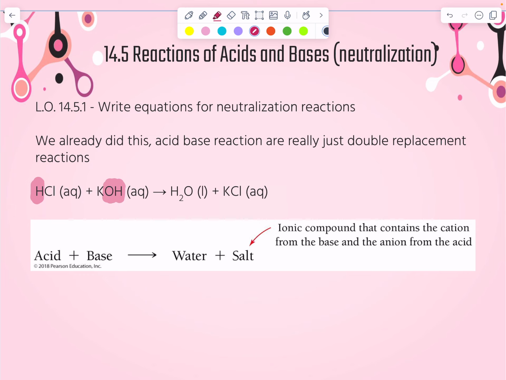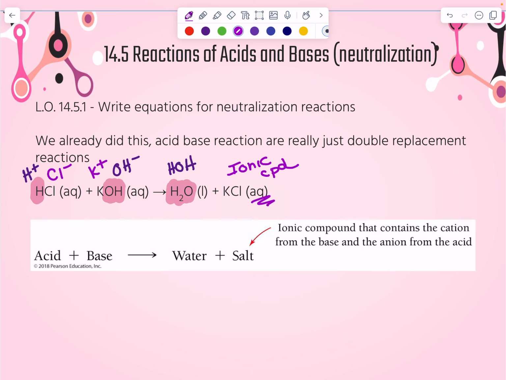Here's its OH minus. And look at what has happened. This is our double replacement reaction where the positive of one has hooked up with the negative of the other, in this case to make water, and the negative of one hooks up with the positive of the other to make this KCl, which is just an ionic compound.